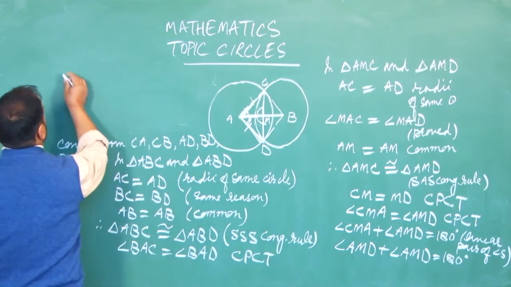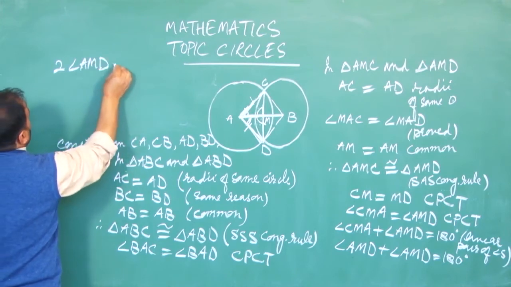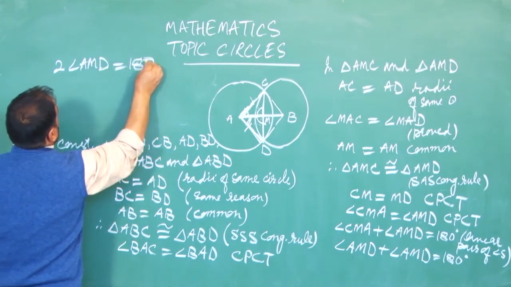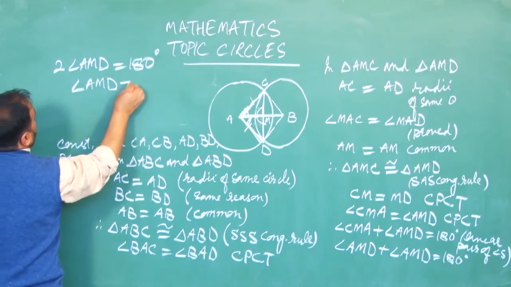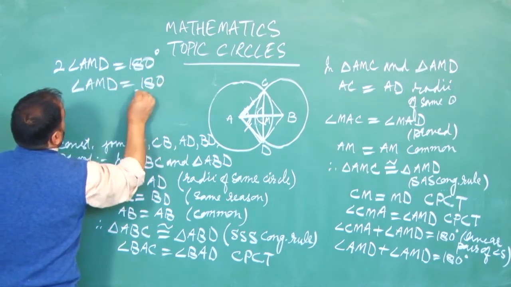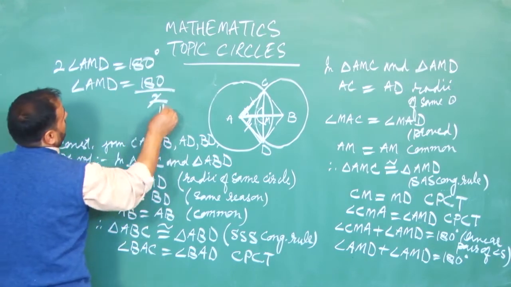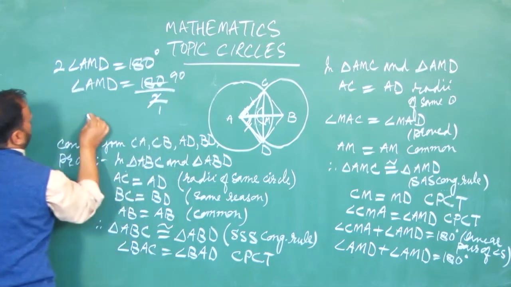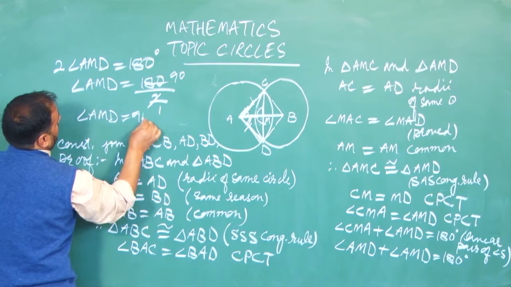You can write twice angle AMD is equal to 180. On transposing 2 to the right side, it becomes divided by 2, cancel 180 by 2. So, the angle AMD is equal to 90 degrees.